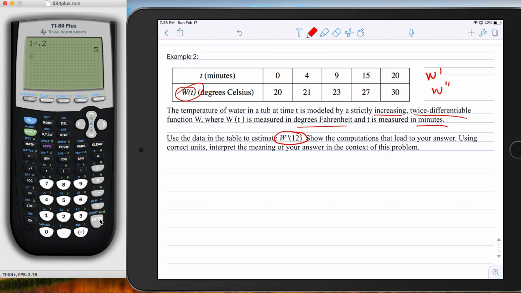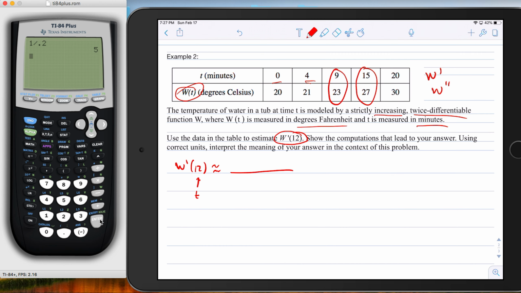Just like before, to estimate W prime of 12, we can look for a T value of 12 in the table. There's 0, there's 4, there's 9, 15. So 12 is right between here, right in the middle of 9 and 15. We essentially look at these two coordinate pairs and do the same slope triangle.